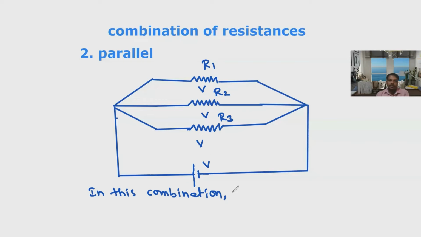In parallel combination, all the resistors are connected directly to the cell.